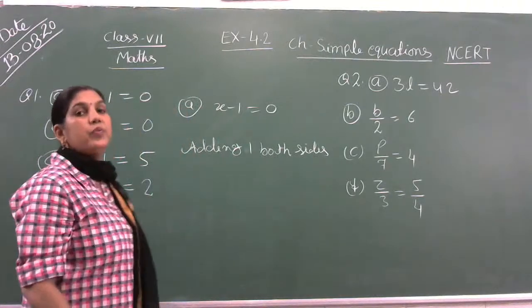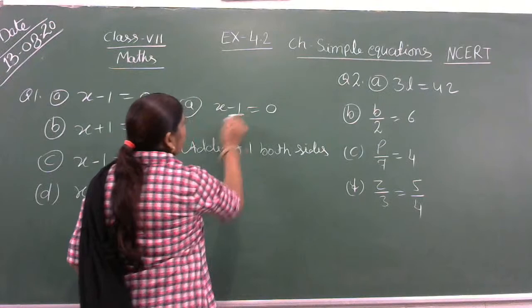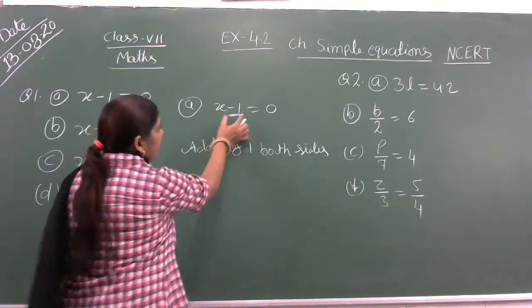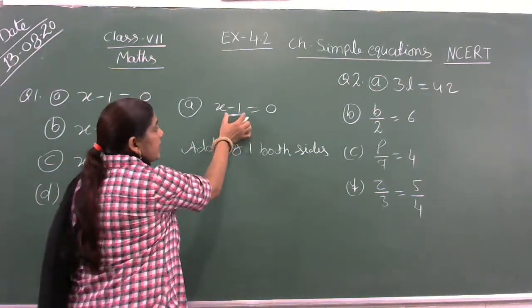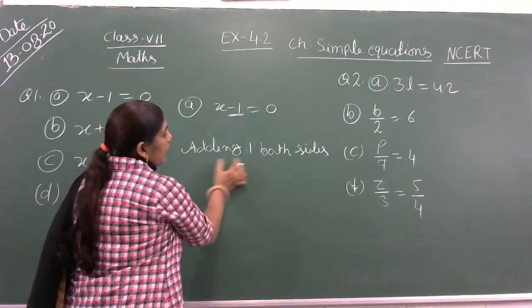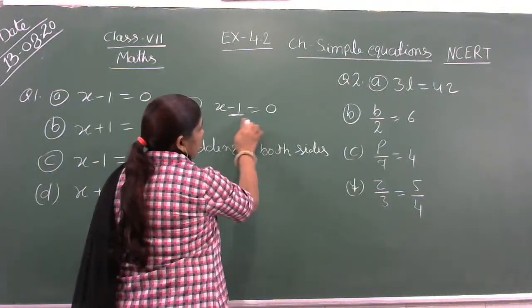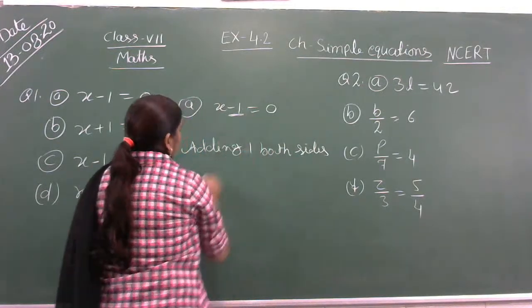Adding 1 to both sides. Why? Because given here is minus 1, so that's why we are adding 1 to both sides, here also and here also.